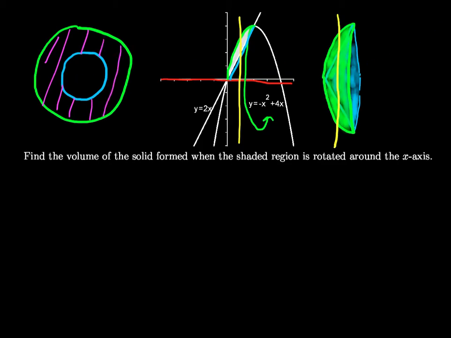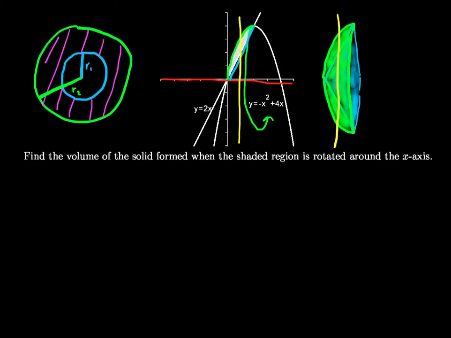And here's what we need to notice. This inside function will have one radius, we'll call it R1. This outside circle will have a different radius, R2. And R2 has to be bigger than R1 for our formula to work.